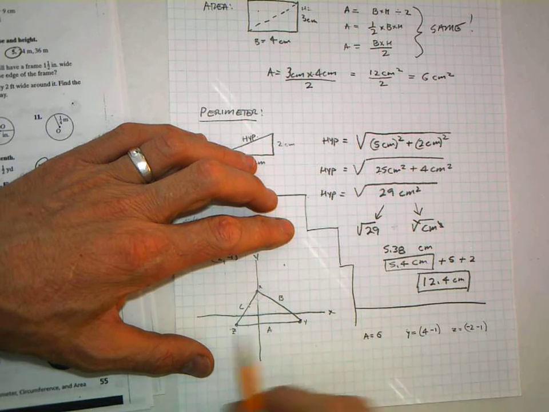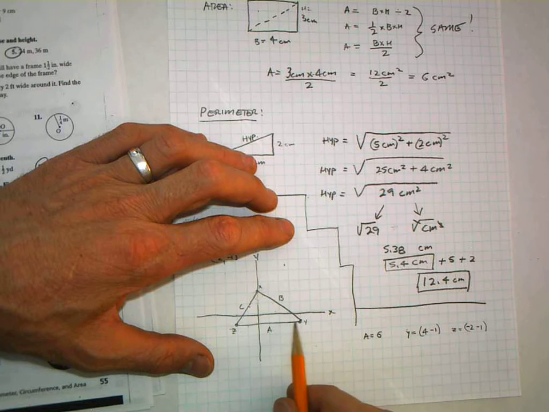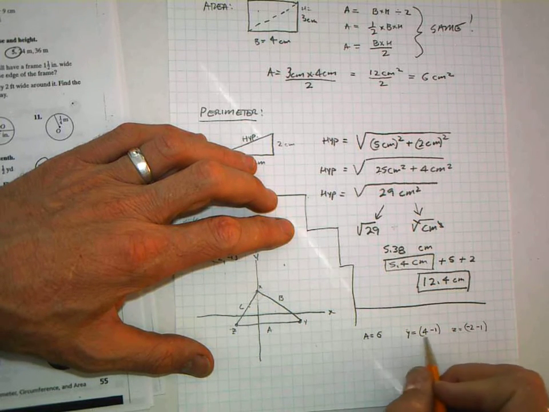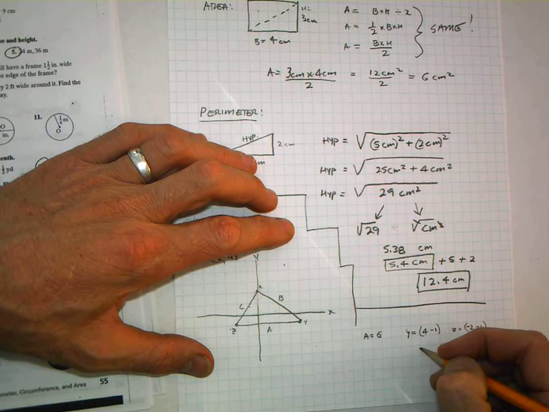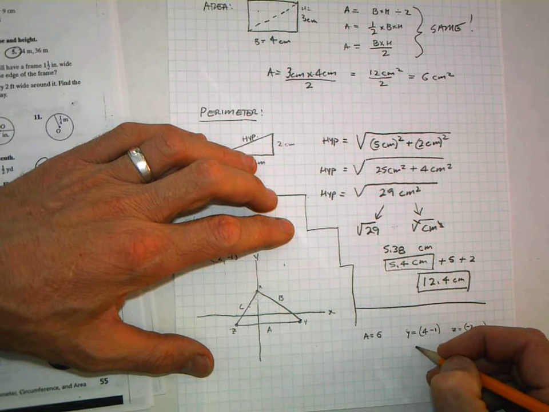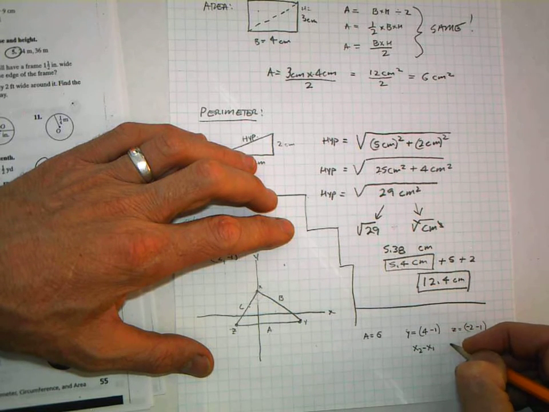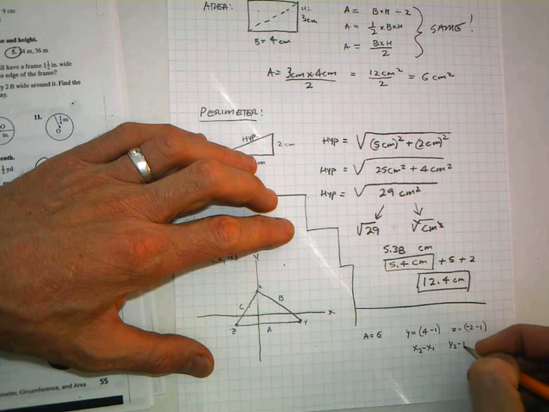How do you find the horizontal distance between them, besides just eyeballing it like we did here? You can say what you're trying to do here is take the distance is x2 minus x1 and y2 minus y1.